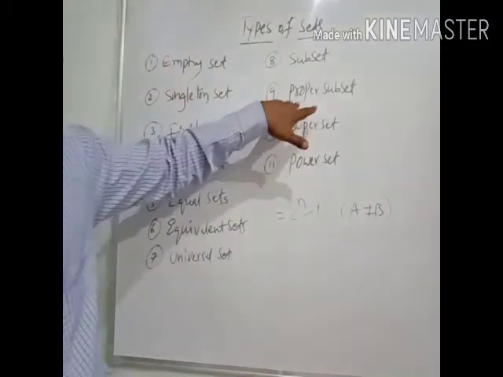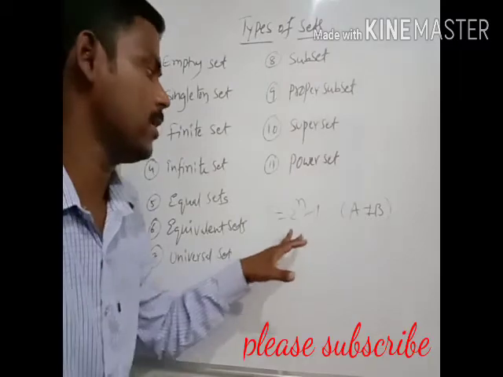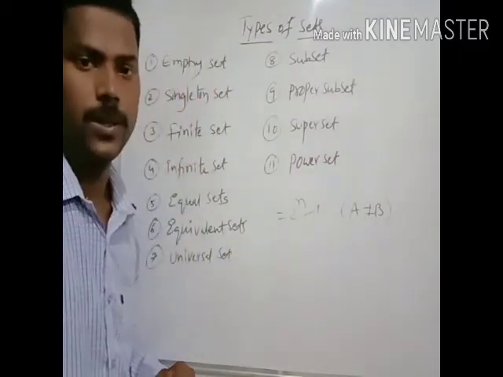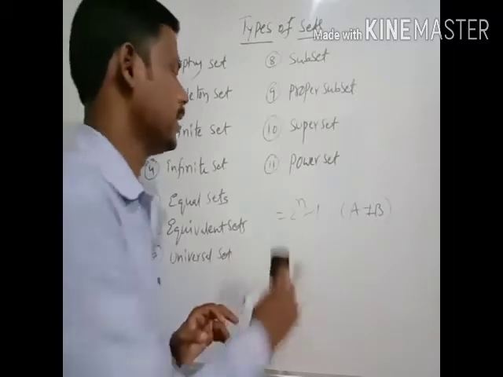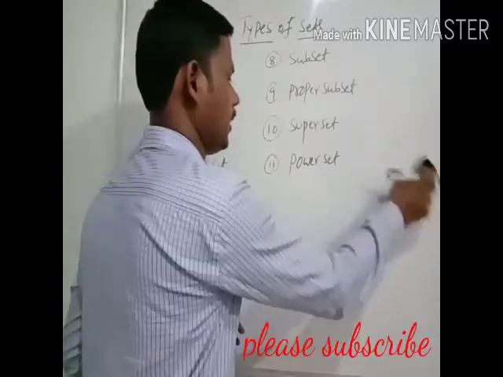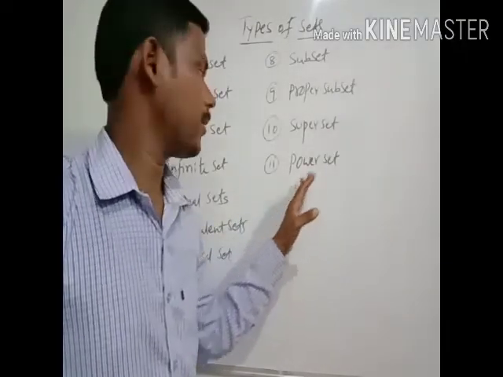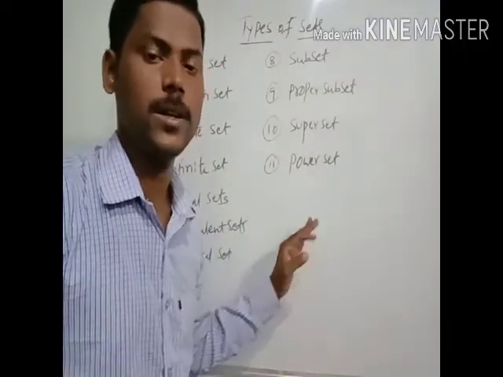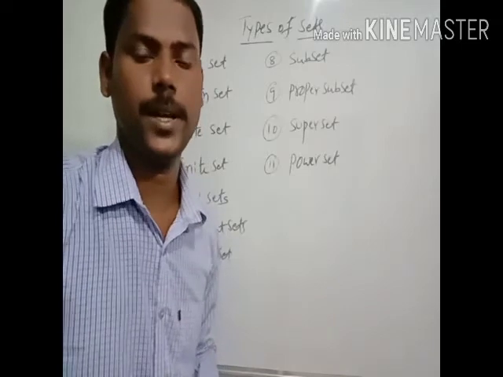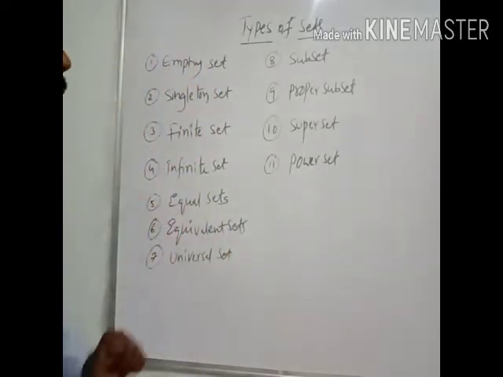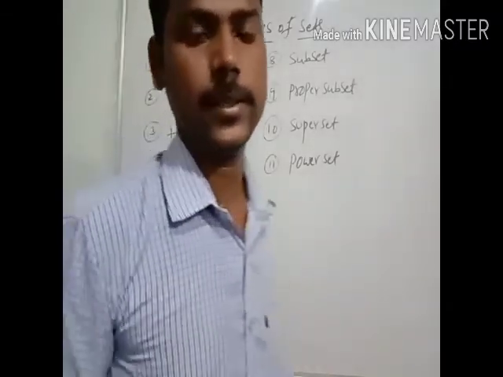Okay children, understood? Similarly, the cardinal number of a power set is also given by the formula 2 to the power of n. Okay children, this is about types of sets.